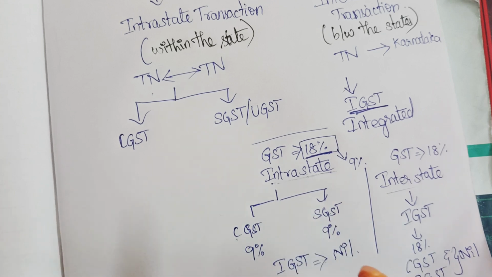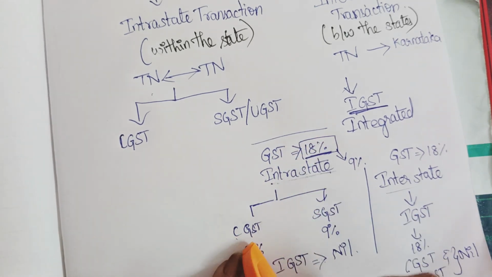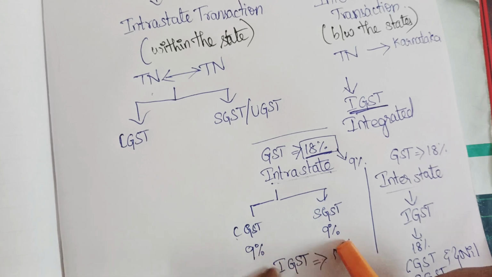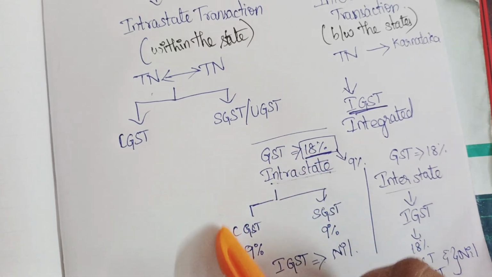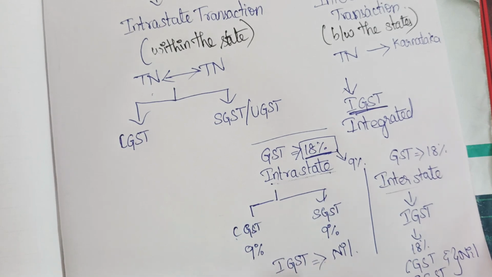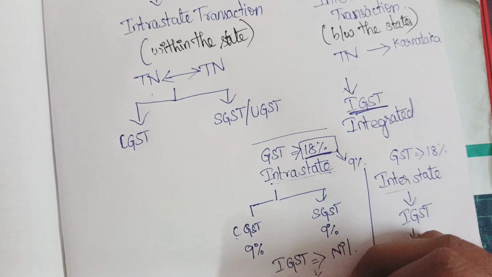The highest GST which we are paying in India is 28 percentage. If 28 percentage is given here, how much will you pay for CGST? 14 percentage and 14 percentage. Is that clear? So in this intrastate, IGST will become nil. This is going to be an important one mark question.